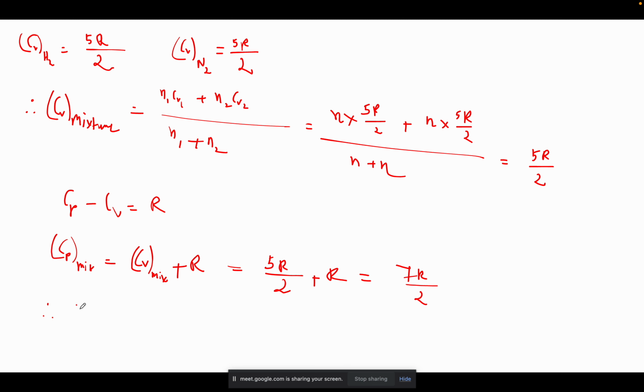Therefore gamma of the mixture is nothing but Cp of the mixture divided by Cv of the mixture, which is 7R by 2 divided by 5R by 2, so that will give you 7 by 5.